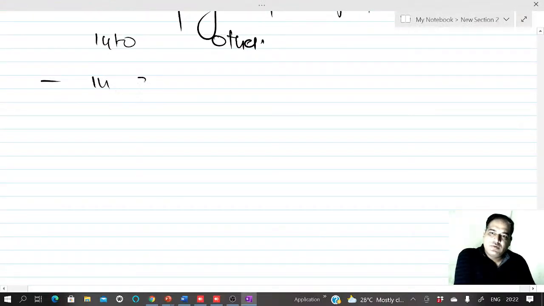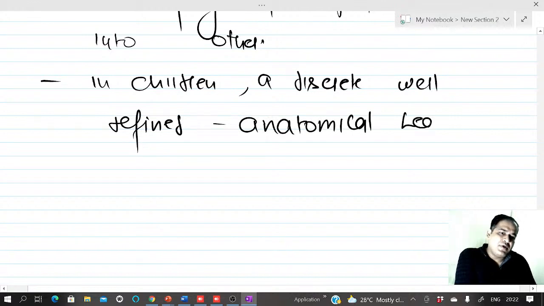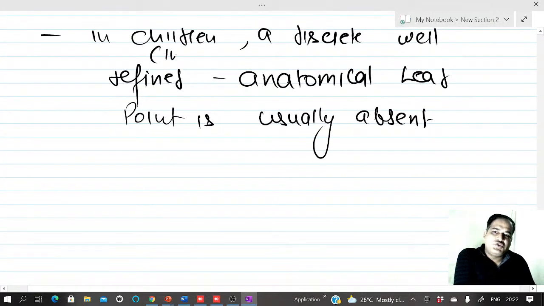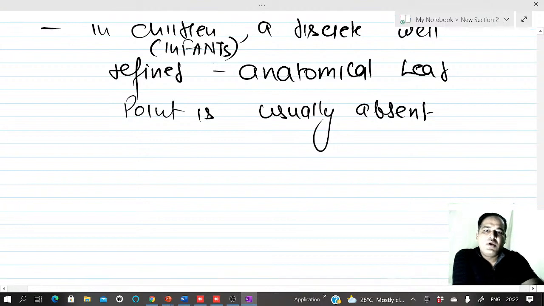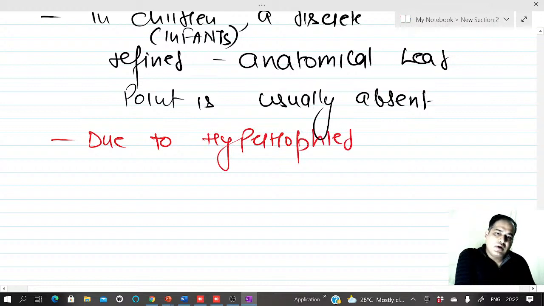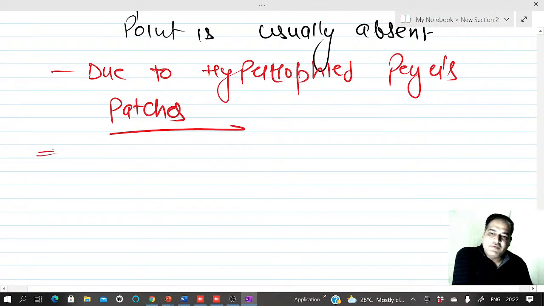So in infants, a discrete, well-defined anatomical lead point is usually absent, and it is due to hypertrophied Peyer patches.